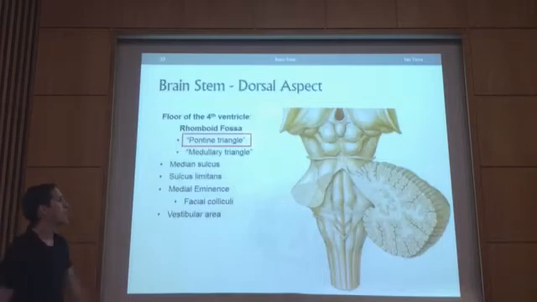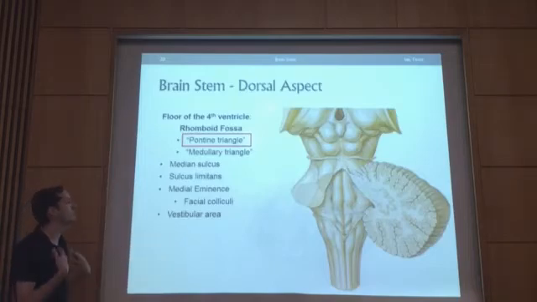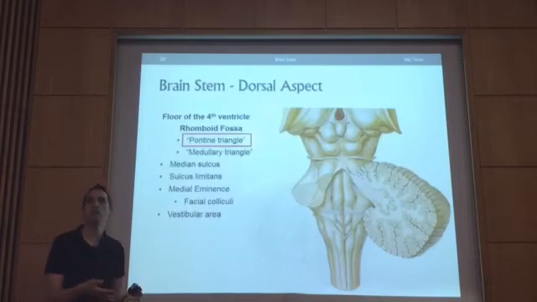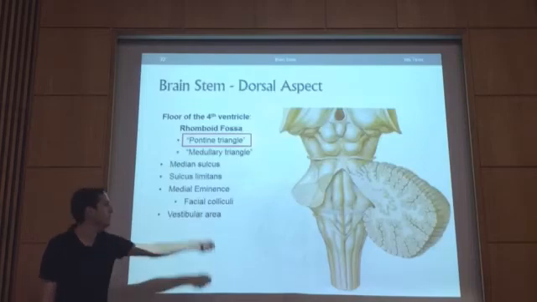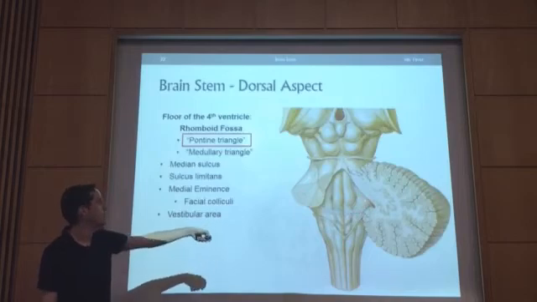Okay? More lateral to the facial colliculi, these regions, we call in general the vestibular area. There are several nuclei that are connected to the vestibular system in these lateral regions of the rhomboid fossa.